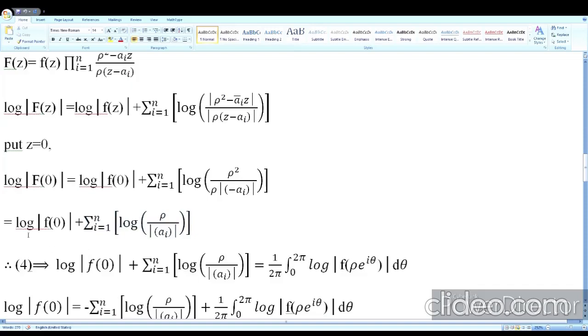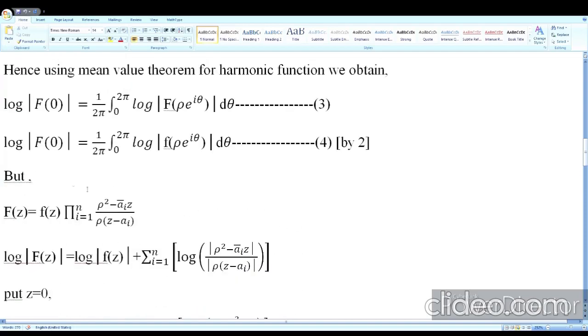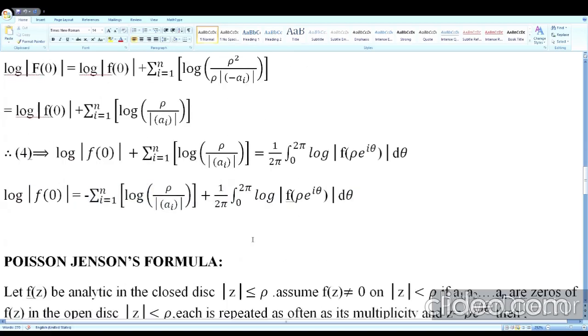Now instead of capital log of f of 0, we substitute this value. So we get log f of 0 plus summation equal to 1 by 2 pi integral 0 to 2 pi log modulus of f of rho e power i theta d theta.